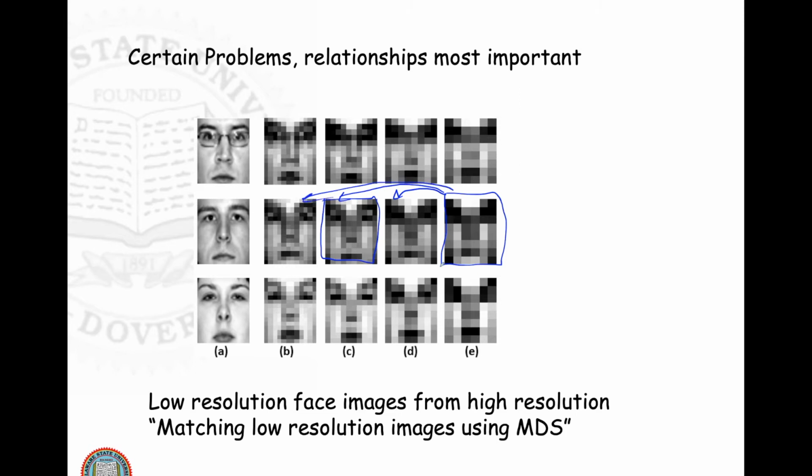So you can look at these relative relationships pairwise and represent the neighborhood among these different versions in proximity to the original high-resolution image. And so matching low-resolution images is very straightforward to do using multidimensional scaling.